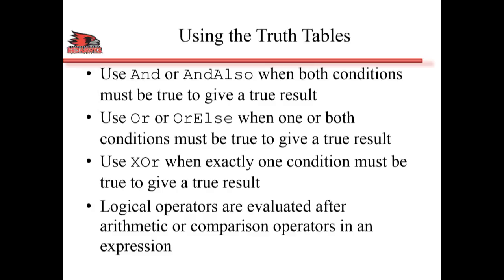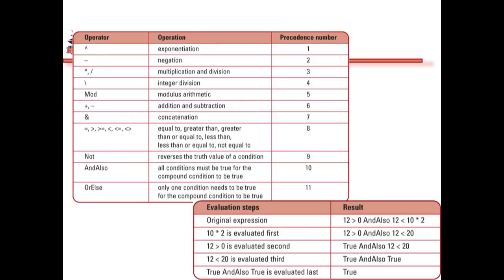And these logical operators are evaluated right at the bottom, after your arithmetic and comparison operators are done in an expression. And this basically shows the precedence: exponentiation, negation, multiplication, division, addition, subtraction, and then your comparison operators are evaluated, and finally your logical operators come.